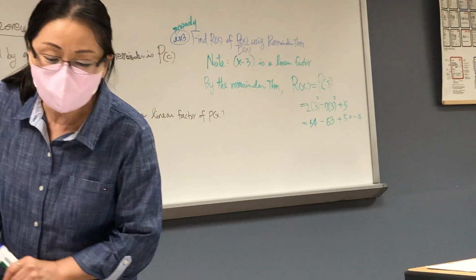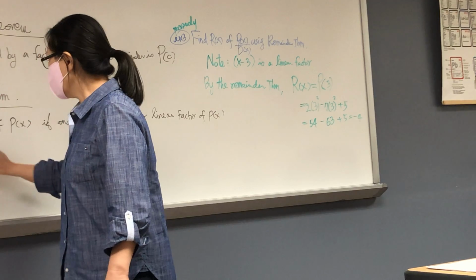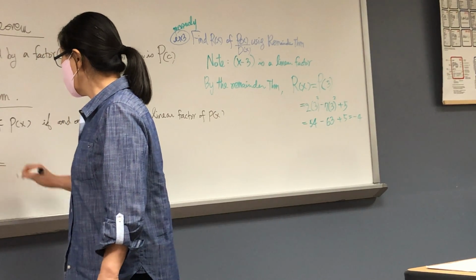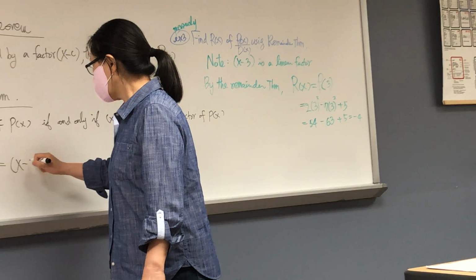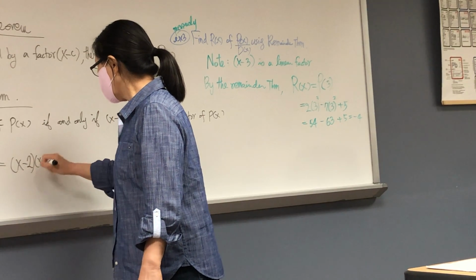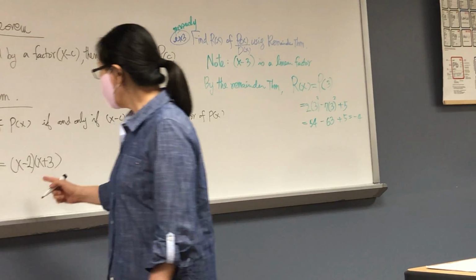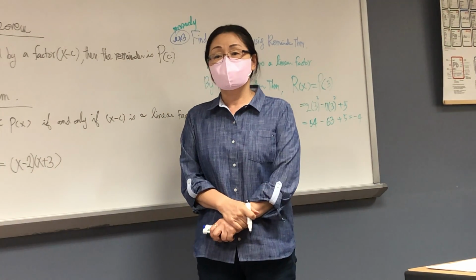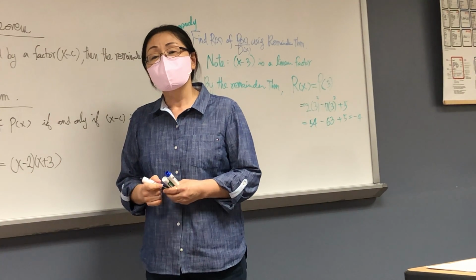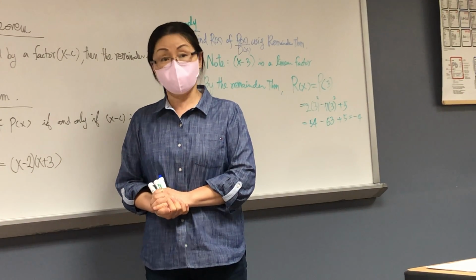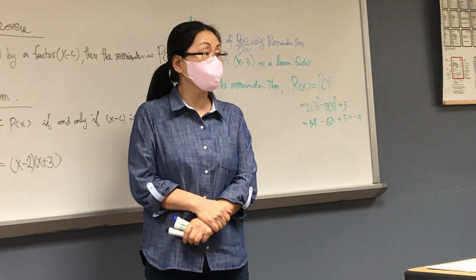And then a baby example, not in the book. Let's say P of x is equal to x minus 2 times x plus 3. How many linear factors do you have? 2. What's the degree of this polynomial? 2, of course, x times x.